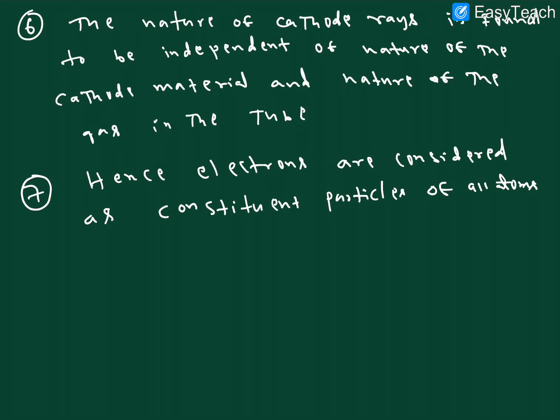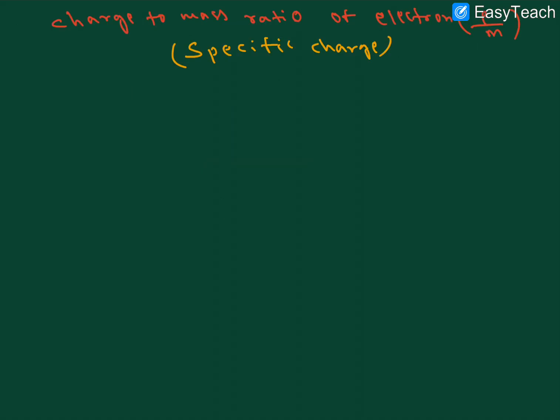So now we'll discuss the charge to mass ratio of the electron, that is the e by m ratio. We can also call it the specific charge. Let me explain on the next slide. The charge to mass ratio of the electron, or specific charge, was first measured by J.J. Thomson.